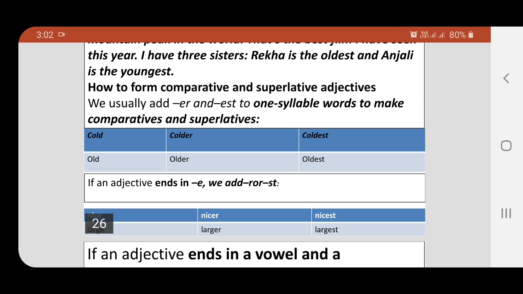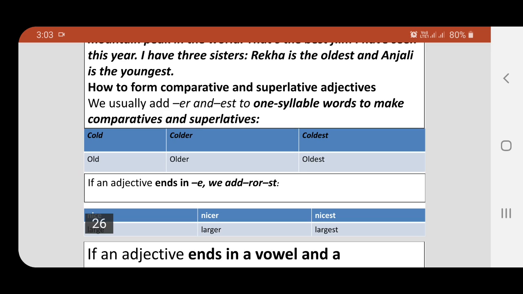So we usually add er for comparative adjectives, and for superlative adjectives, we add est to the one syllable words.